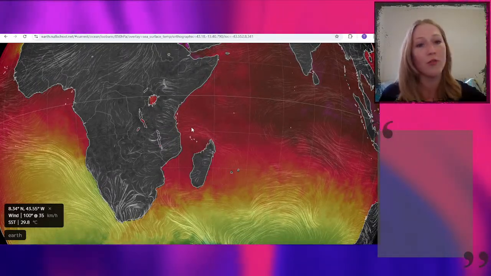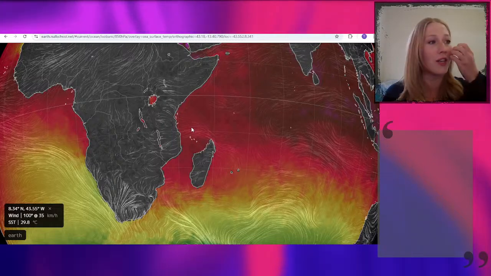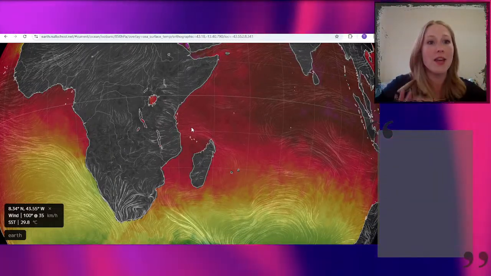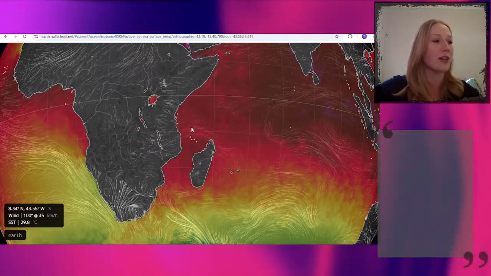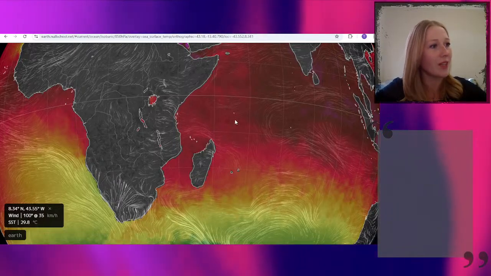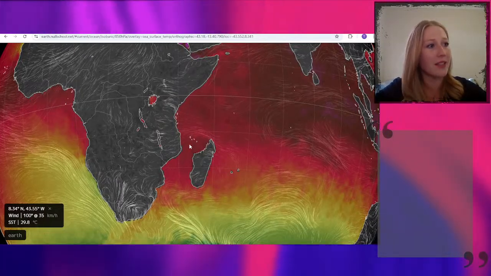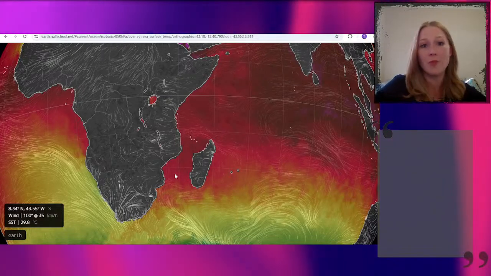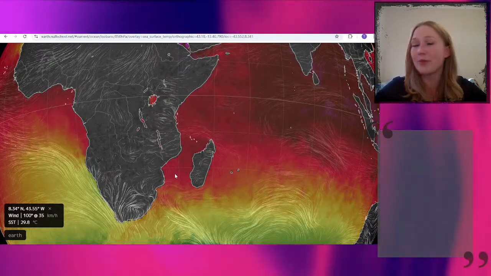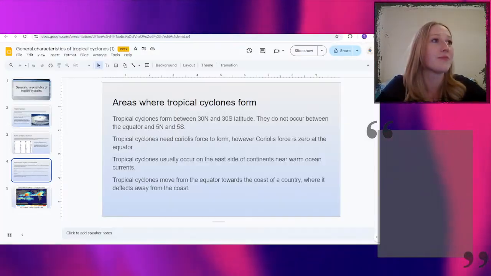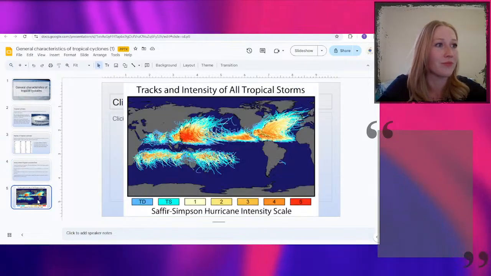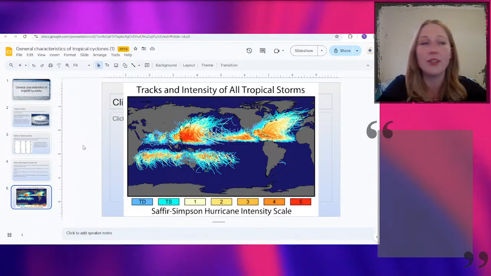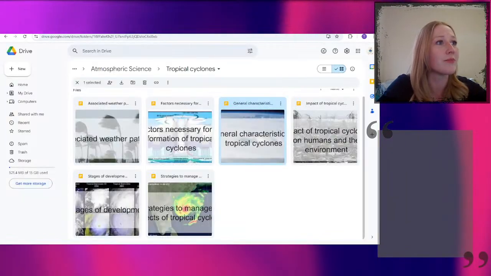It's trying to avoid the land and avoid the friction, and it tries to stay over the ocean where it has a water supply. And this side, the eastern side, is where you have your warm ocean currents, so it keeps that energy level up. Okay, all of that is good. Great.